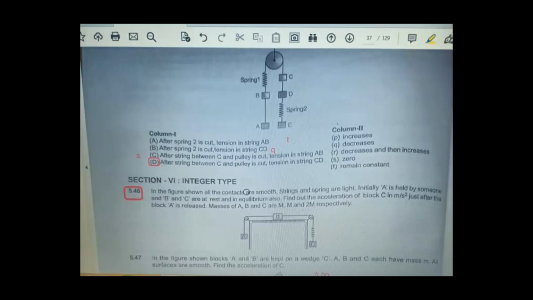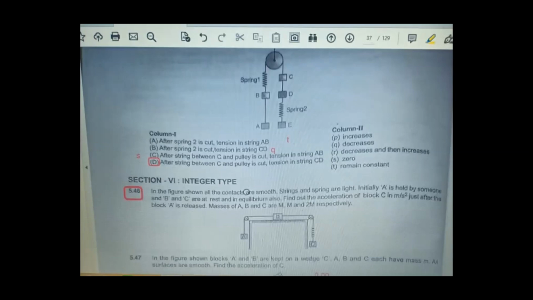So what happens in that case to the tension in spring 1? That's the main thing over here, to understand. What happens to the tension in that spring 1, when you cut the thread just above C? It remains constant, na? Because tension in a spring doesn't suddenly change.